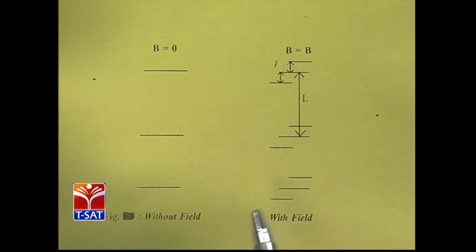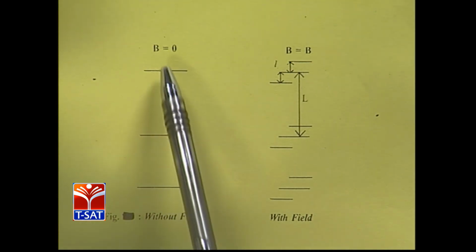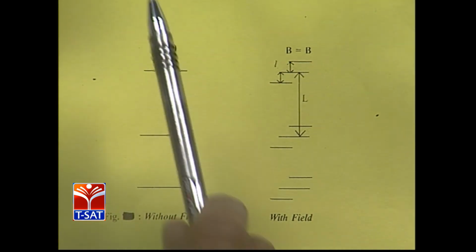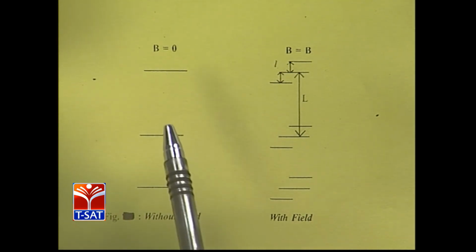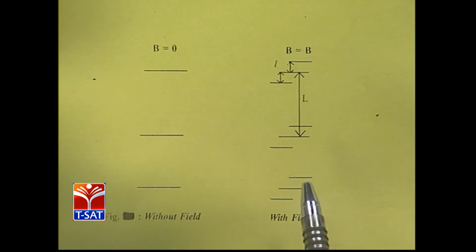In this chart you will observe the original lines without the magnetic field, B equal to 0. We will find the distances from this to this and this to this; they are called L. In this part, the magnetic field is being applied. Once you apply the magnetic field, there will be a splitting, into a lower part and an upper part.